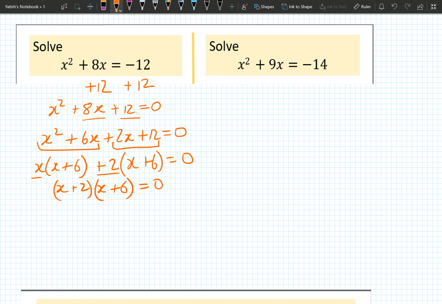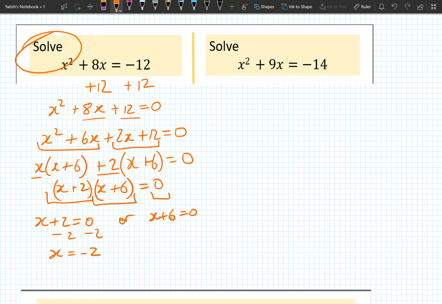And then finally the solving part, which is x plus 2 is equal to 0 or x plus 6 is equal to 0, because I know that these two things will multiply to give me 0. So either of those has to be 0. If I take away 2 from both sides, I get x equals negative 2. And in this one, if I take away 6 from both sides, I get x equals negative 6. Those are my two solutions.